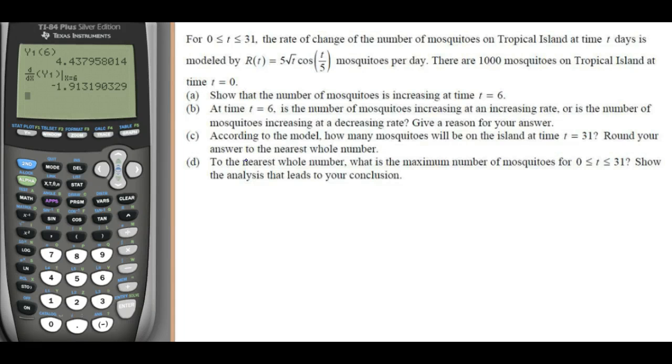Alright, so here on this problem, we are going to need to take into account 1,000 mosquitoes, which is how many were on the island to begin with at time 0. So for part C, how many mosquitoes were on the island after 31 days? So 1,000 is where we were to begin with. And now r of t is the rate of change of the number of mosquitoes at different times t.